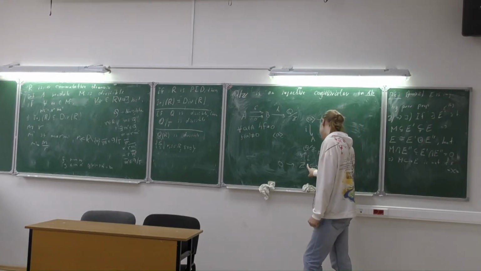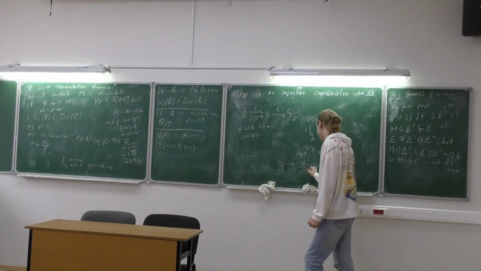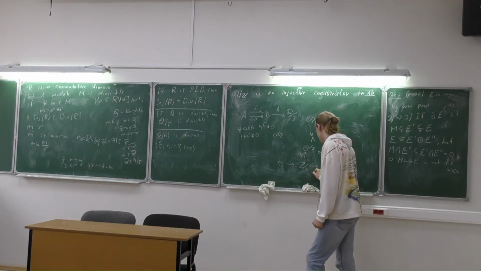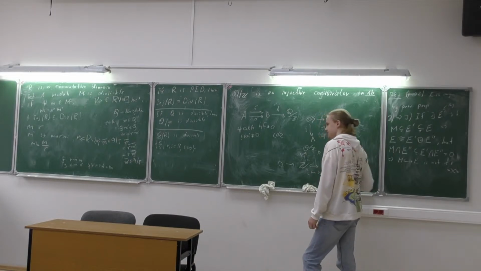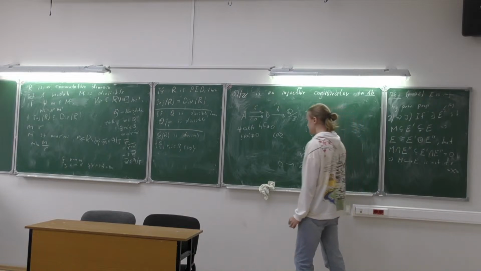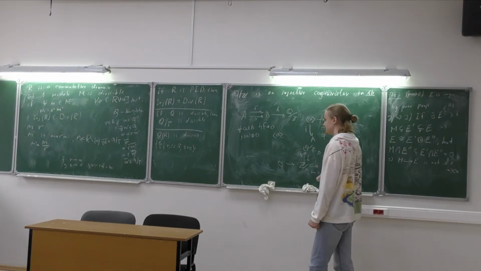And absolutely analogously, if we have an element of finite order, we can factor Z and get a map from Z over n to Q over Z, which maps 1 to, for example, 1 over n, and have a non-trivial map. So for any abelian group, we have a non-trivial map from it to Q over Z.